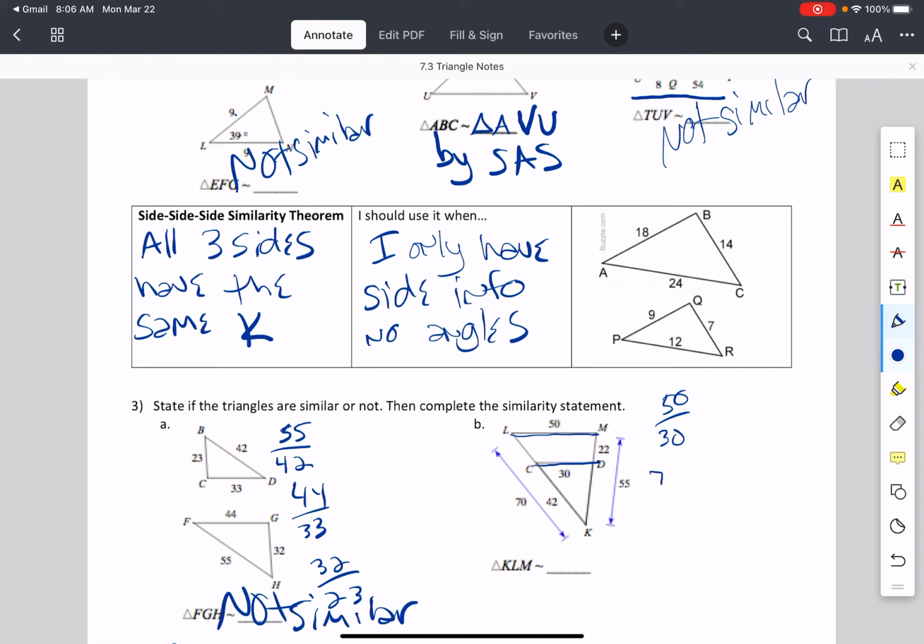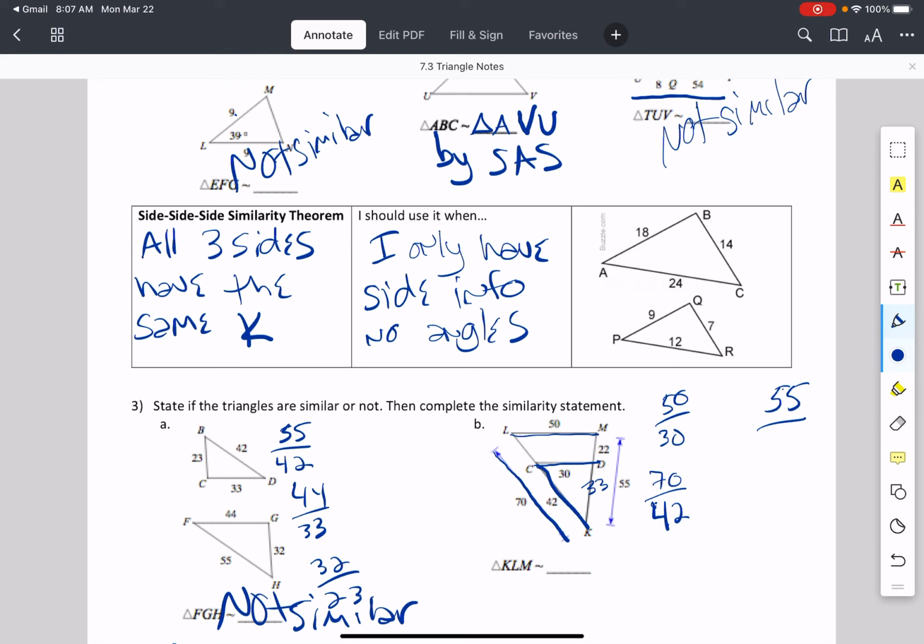And then what do I divide 70 by? 42. And then careful on this one, this one's tricky. What do I divide 55 by? 33. Good, because 22 is not a side on the little triangle.